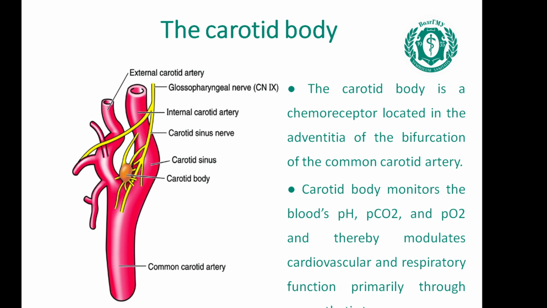The carotid body is a chemoreceptor located in the adventitia of the bifurcation of the common carotid artery. Carotid body monitors the blood pH, the concentration of carbon dioxide and oxygen, and thereby modulates the cardiovascular and respiratory function primarily through sympathetic tone.